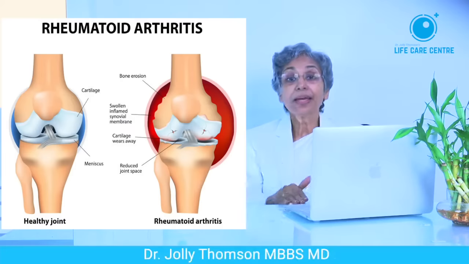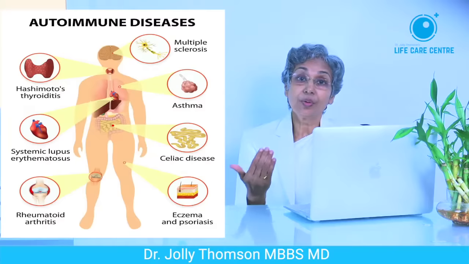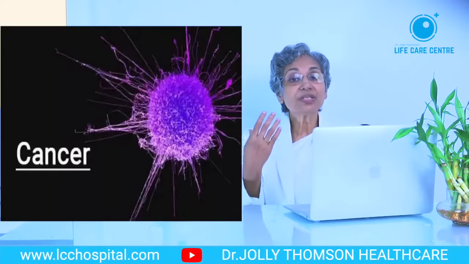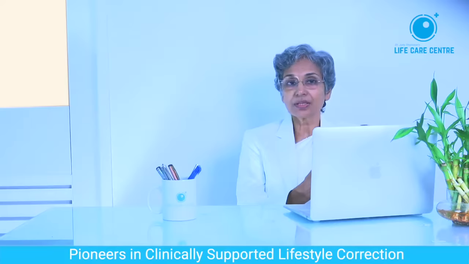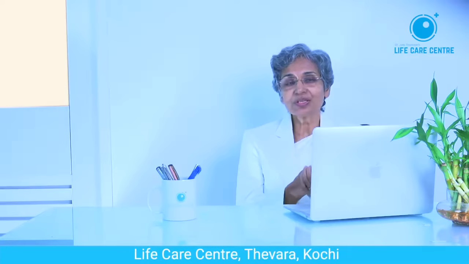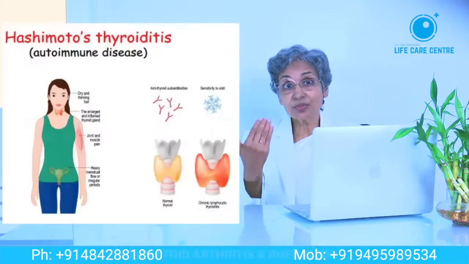Next, if there is an autoimmune disease, especially rheumatoid arthritis, other autoimmune diseases can come, and also cancer. The cancer possibility is very high for a person with any autoimmune disease. But in this part of the country, what we see as most common is thyroiditis, Hashimoto's thyroiditis.